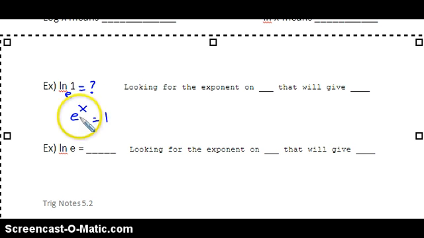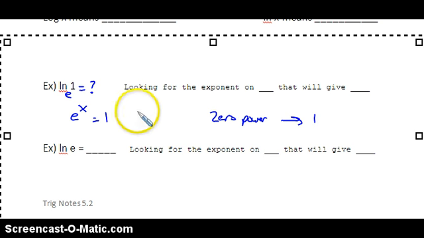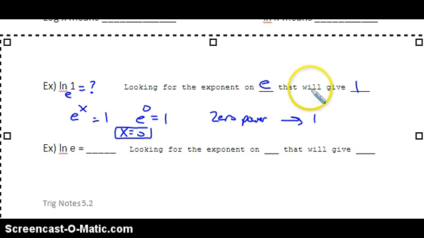The only way I'm going to get that is remembering the 0 power rule, that when I raise anything to the 0 power, I get 1. So e raised to the 0 power would get me 1. So my answer is 0. Again, I was looking for an exponent on e that would result in 1. e raised to what power gives me 1? That would be 0.